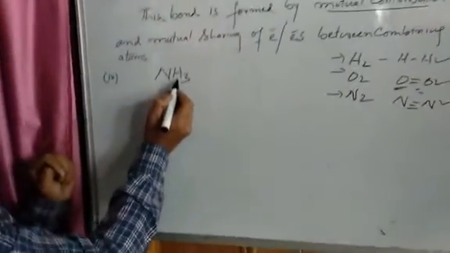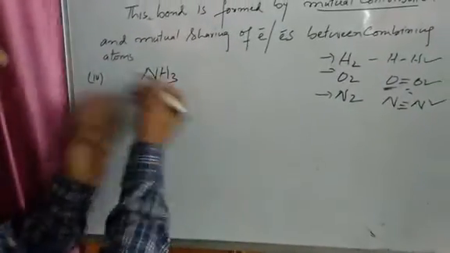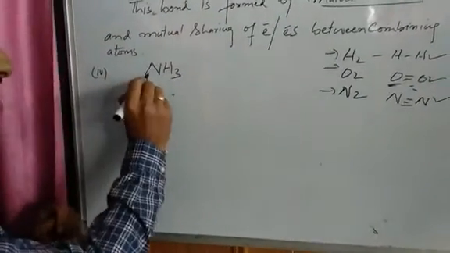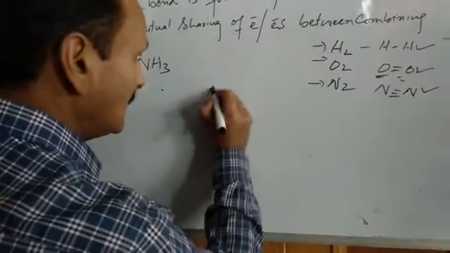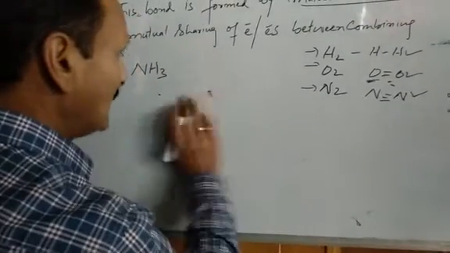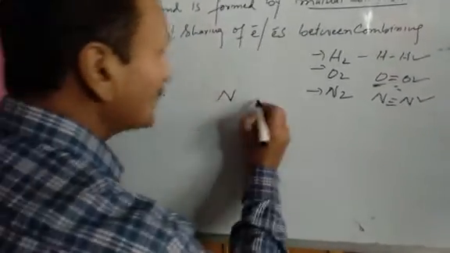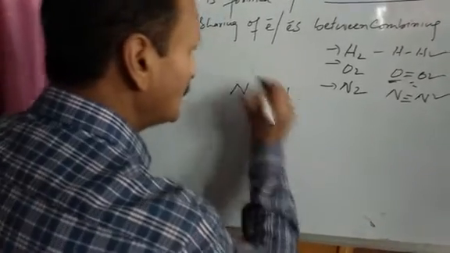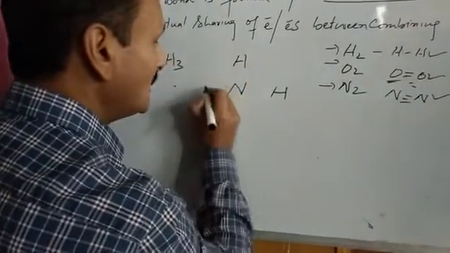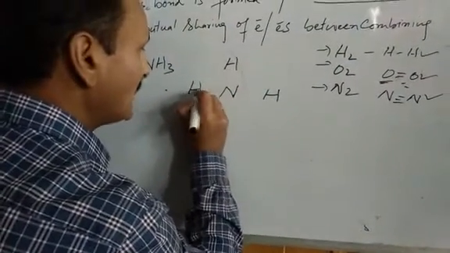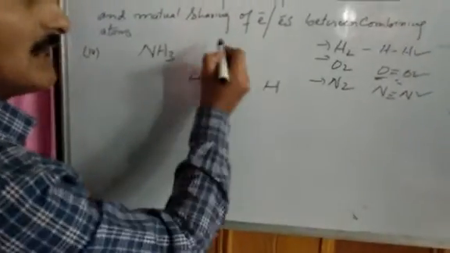For example, here we have nitrogen and then hydrogen atoms. Let us see how bond formation takes place in ammonia. How many nitrogen atoms are here? 1 nitrogen atom, and how many hydrogen? 3: 1, 2, 3. Let us see how bond formation takes place here. What is the electronic configuration of hydrogen? 1.